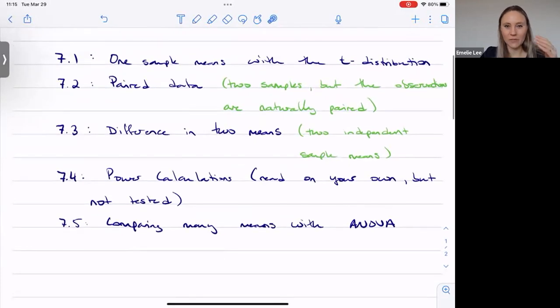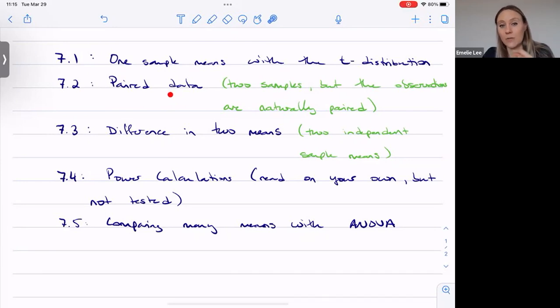So notice how we have the same flow that we did in chapter 6, right? We start with one. How can I compare one sample to some hypothesized value, right? So being generic here. Then now we introduce two means. It's possible, or it's more likely that we're going to have this paired data.